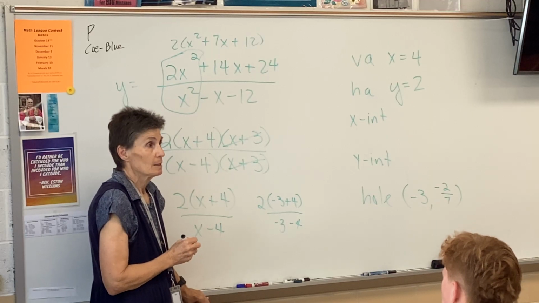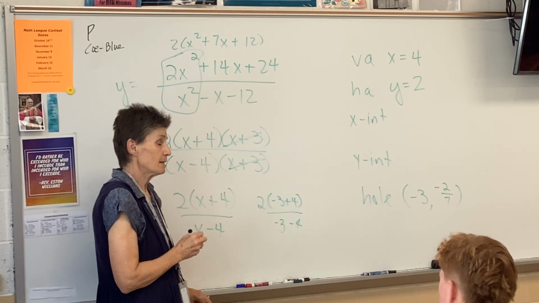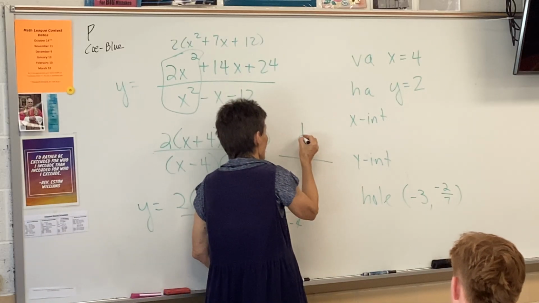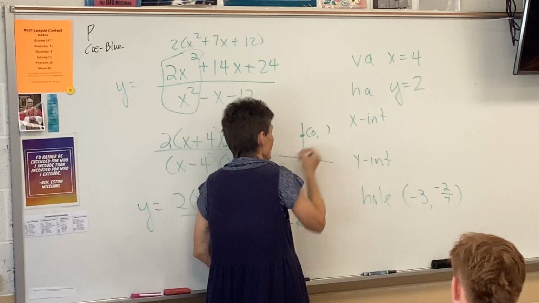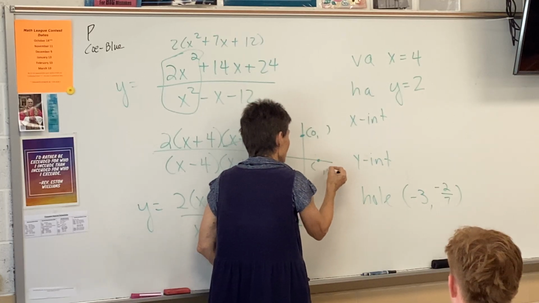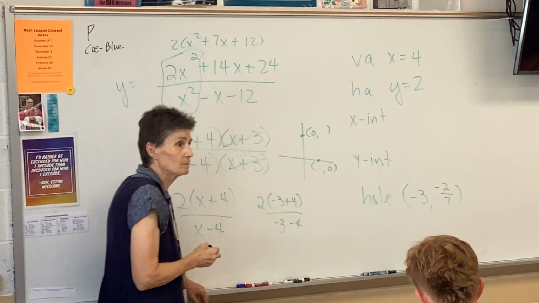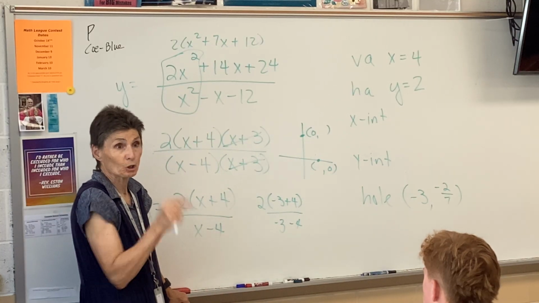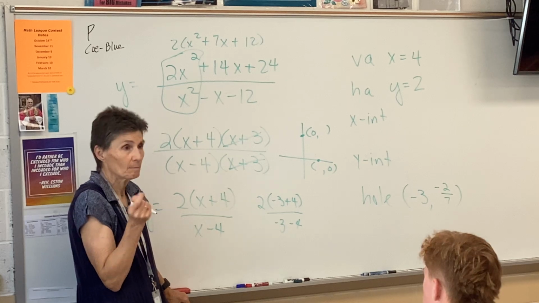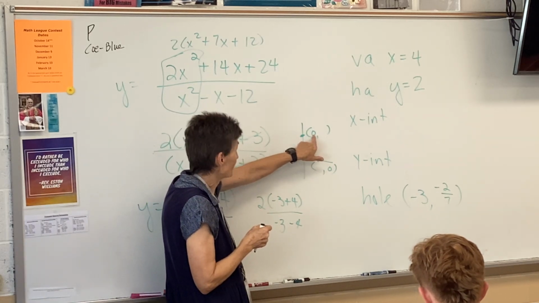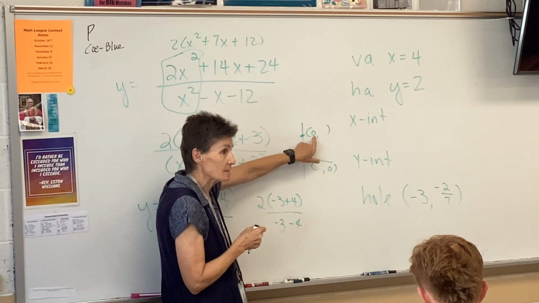Okay? Now, intercepts. Intercepts are where we cross the axes. So a y-intercept is 0, comma something, and an x-intercept is something, comma 0. So to find the intercepts, you just let each letter, one at a time, be 0. So if I want this one right here, I'm going to let x be 0.